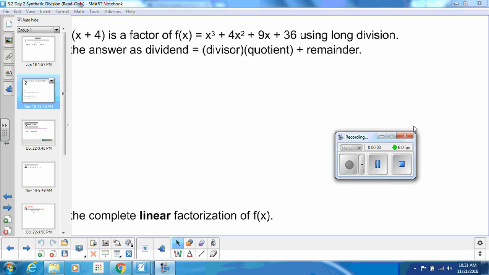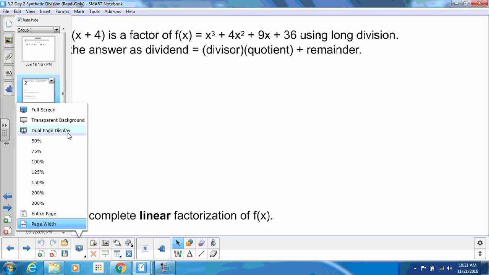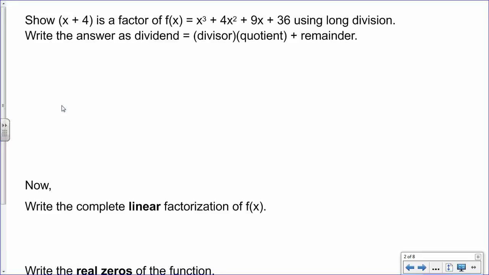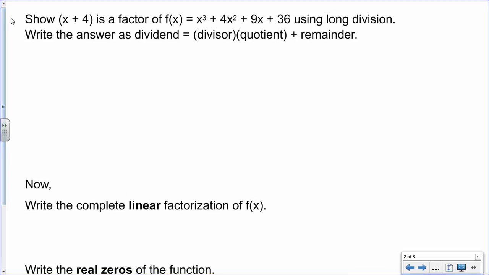All right, so we have something to go over still from long division. But still 3.2. Okay, so this is 3.2.